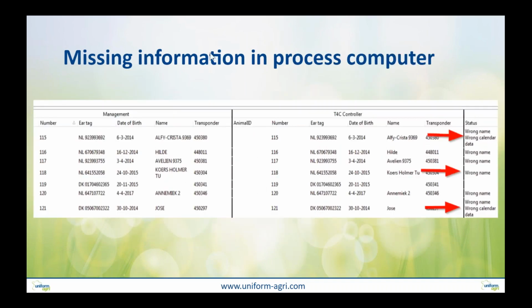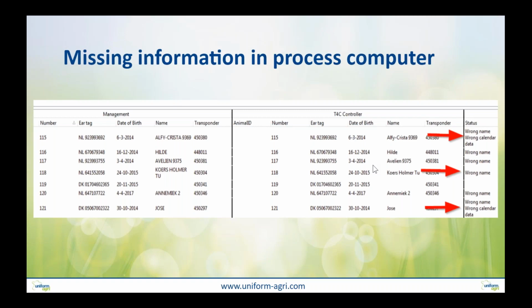Or, like we said before, they might call because of missing information in the process computer. Over here, this is an integration with a Lely, and not all information has been sent to the process computer, to the Lely controller here. In that case, we can show it in a synchronization screen, for example. But it could also be that the customer has been looking into his process computer software, like Westphalia or Dairy Master or some other brands, and they are actually missing the information there.